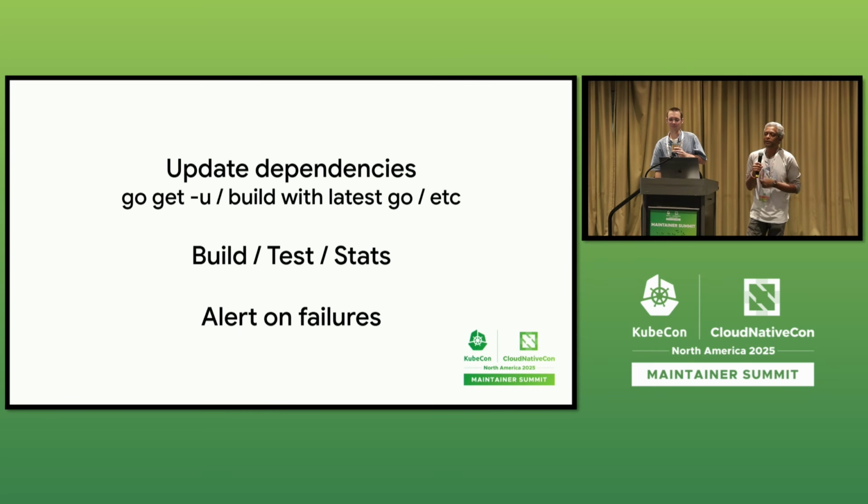What they do is they pick up the latest from the master branch, and they run go get -u against each of the dependencies. So at the end of the day, you will have a full set of dependencies with the latest versions of each of the vendor projects.